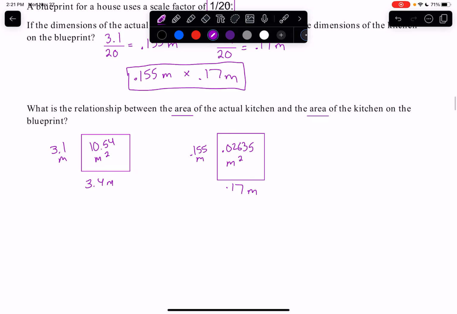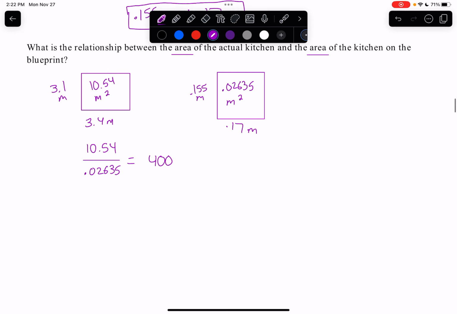Now that is not a 1/20 relationship. That isn't 10.54 divided by 20. That's 10.54 divided by something else. So to figure out the scale factor between the areas, let's do 10.54 divided by 0.02635 meters squared. When we do that, we get 400.